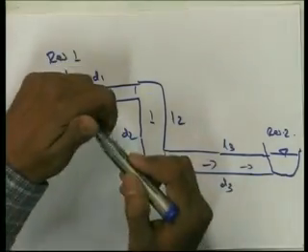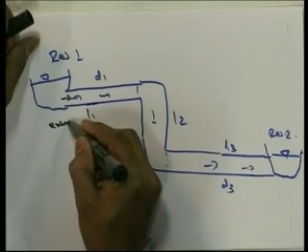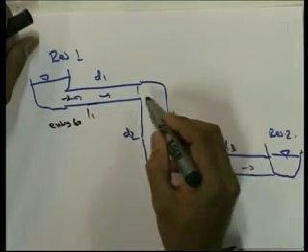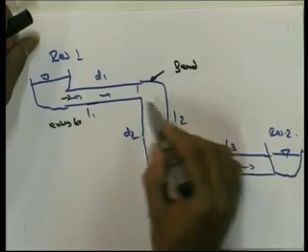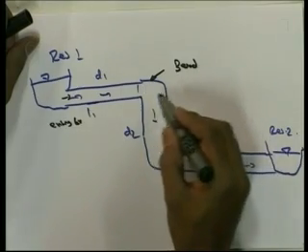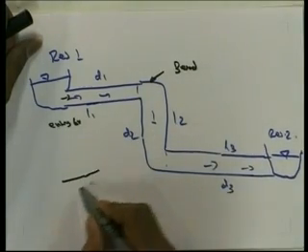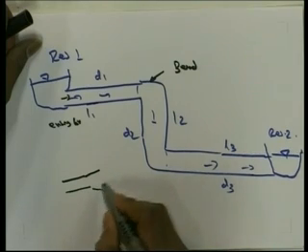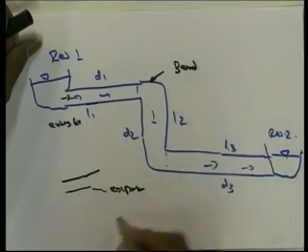Minor loss means that when the pipe enters from this reservoir, there will be an entry loss here, and if there is a bend here, then there will be a bend loss. Then it is entering a larger diameter, from small diameter to larger diameter, so there is some expansion.